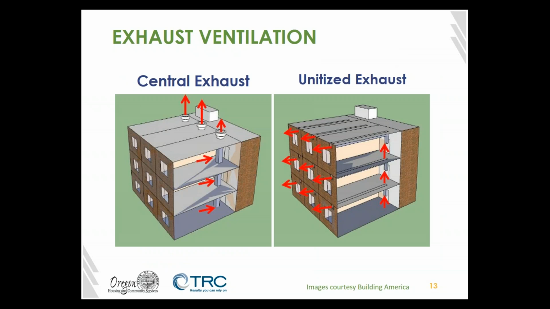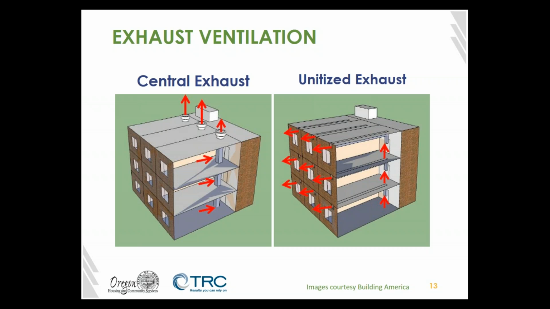You can do exhaust only from a couple different strategies. You can do it centrally, where you have a central corridor running through multiple units. Maybe it's not a single system, but maybe 2 or 3 covering multiple dwelling units at once, where you're pulling air out of these central ducting lines and exhausting them off your roof. That's pretty common. Another one is unitized exhaust, where every single unit has its own exhaust fan.